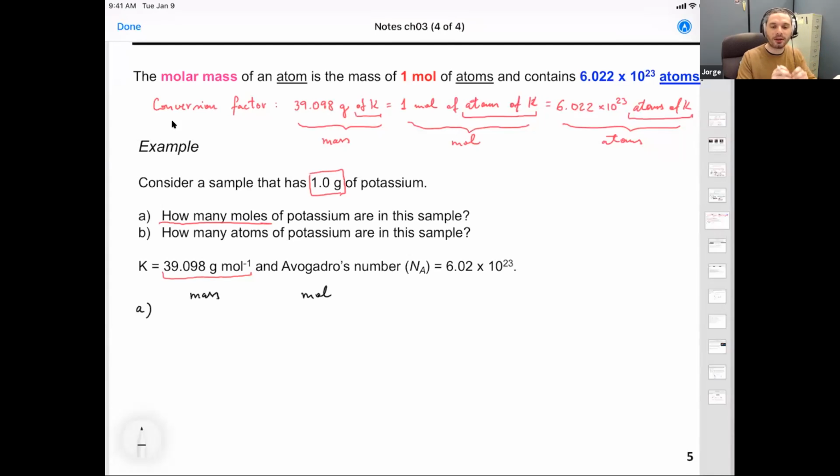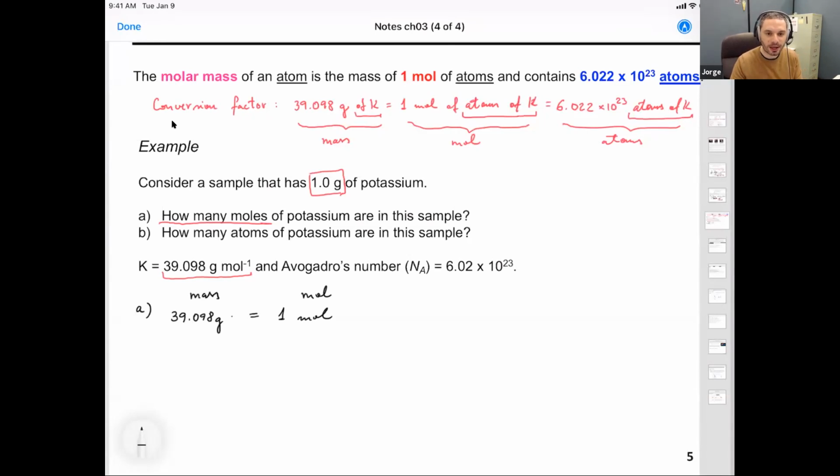The first line always comes from the conversion factor. We know that 39.098 grams of potassium is equivalent to 1 mole of potassium.